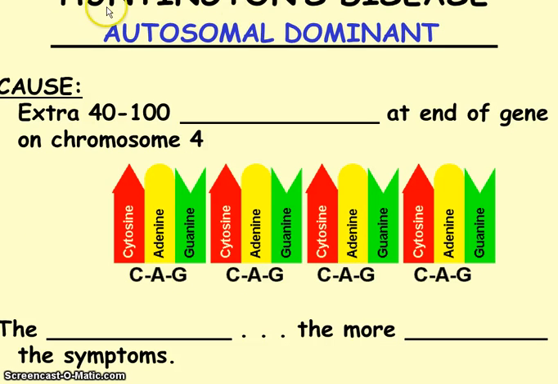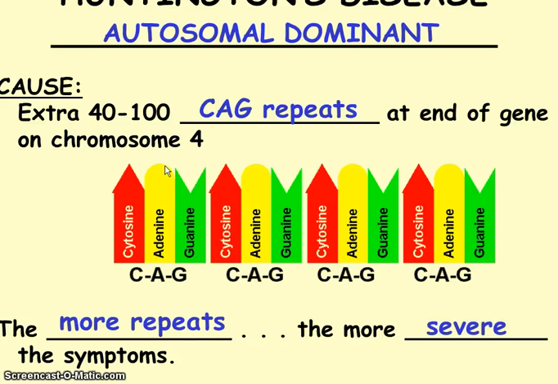But you can't read the title up here, but it says Huntington's disease. So Huntington's is interesting because it's actually dominant. And so if you have the dominant characteristic, you will get this disorder. What it is, it happens to have an extra CAG, so this is in your DNA, repeats at the end of chromosome 4. The more repeats, the more severe.